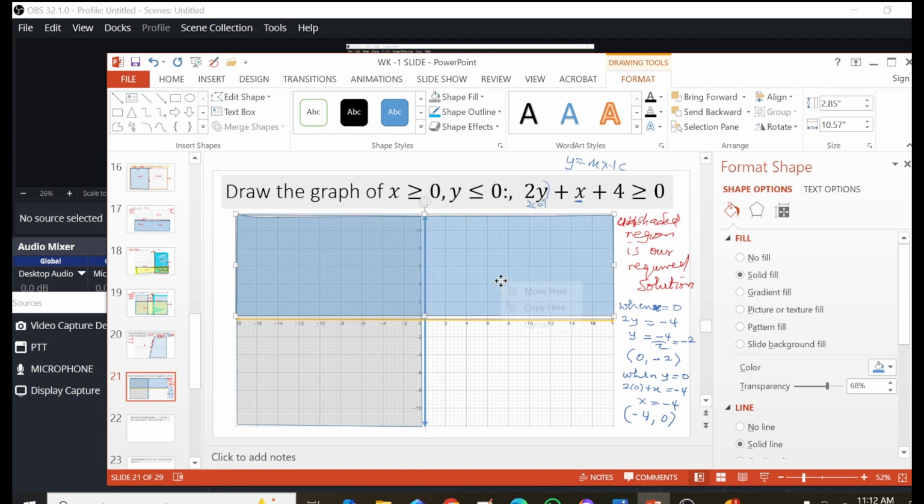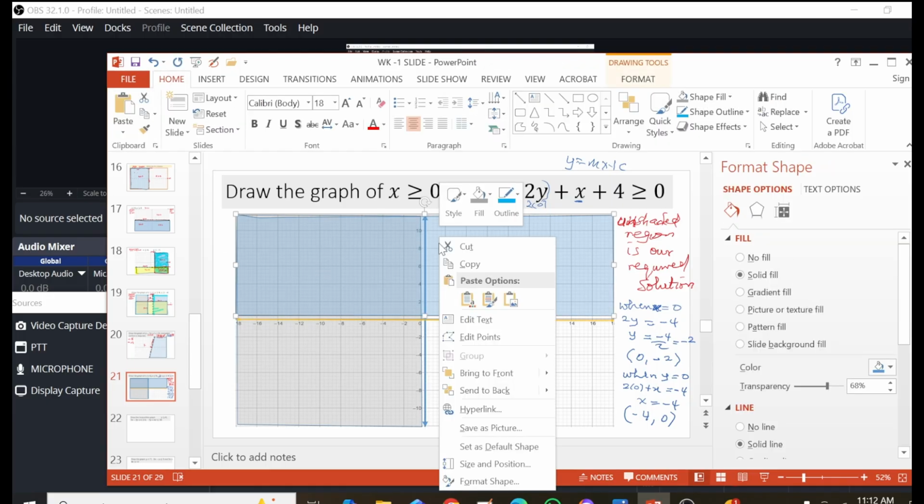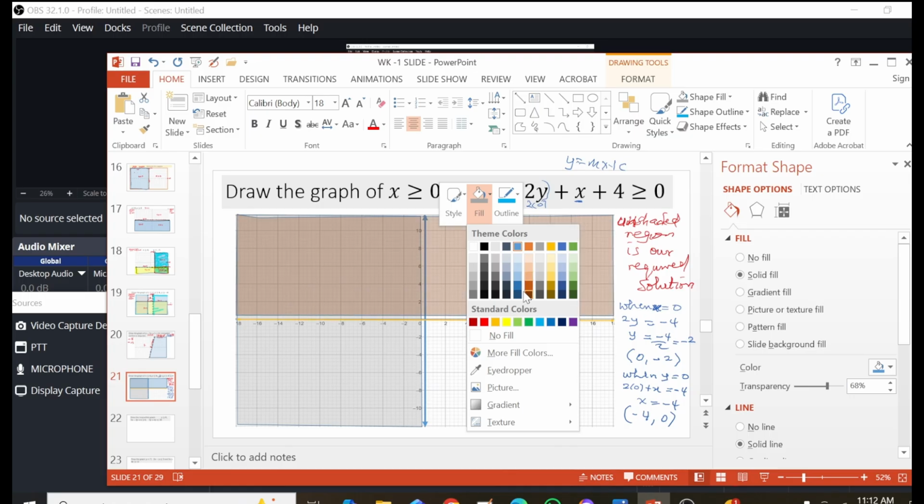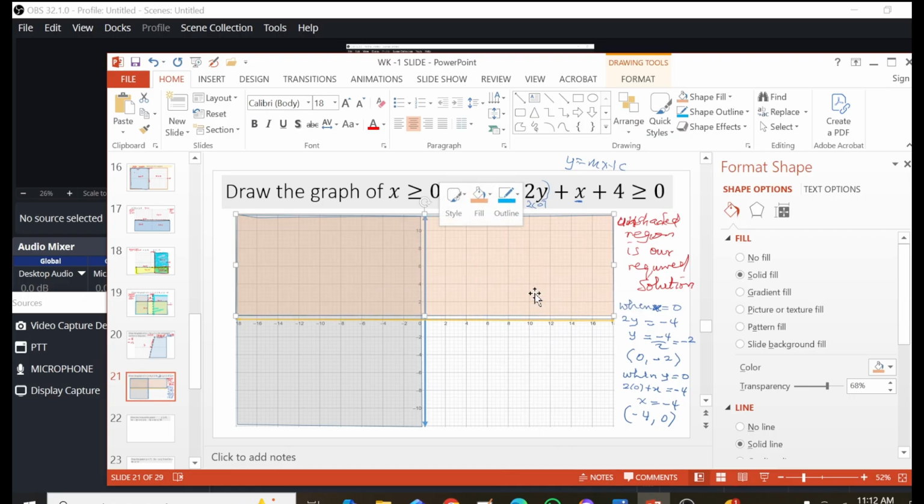If I like, I can pick another color for it. So we don't need that part. Now we don't need this part. And the last part, you see, this is the intersection that's clear now that we need. But we're still going to cut out of it with this one.